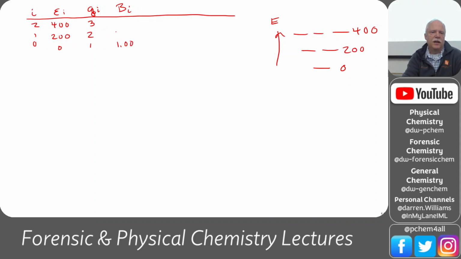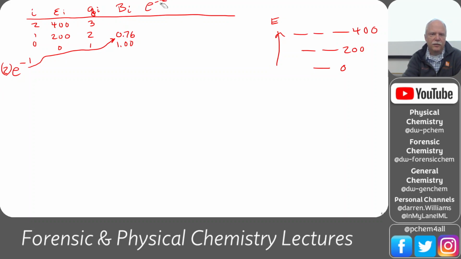This one was e to the minus 1 times 2. It was 0.38 times 2. So what is 0.38 times 2? That's 0.76. Okay, so this one is going to be 0.76, for this number right there. And then this was e to the minus 2 times 3. So we'll calculate this one here.